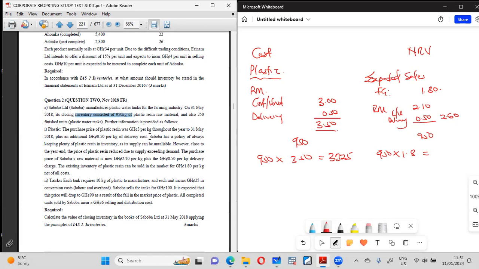Then the raw material, the one that was 3, you could see that is now 2.6. So we have 2.6 here. All right. So this is the raw material.